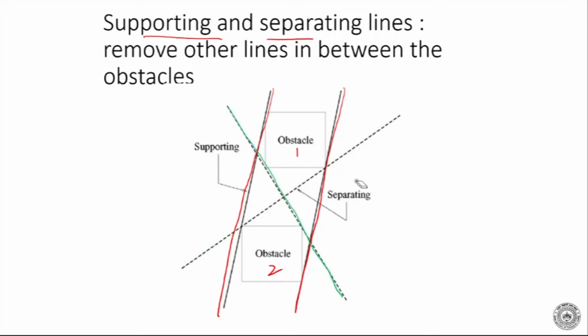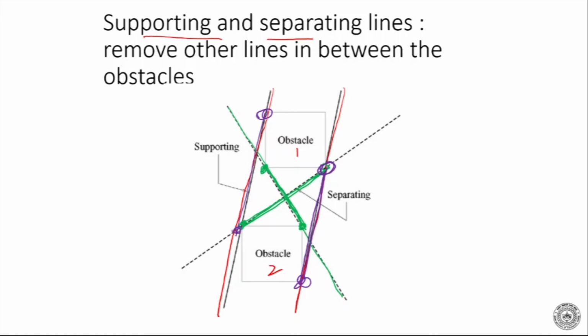Now, if you can imagine, if you want to go from here to here, then this is the shortest path. Similarly, if I want to go from here to there, this is the shortest path. Okay, whereas if I want to go on the outside, if I want to go from here to here, then this is the shortest path. Okay, or from here to here, this is the shortest path. That is the logic of the separating and the supporting edges.